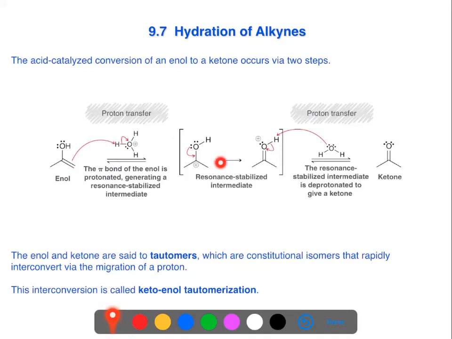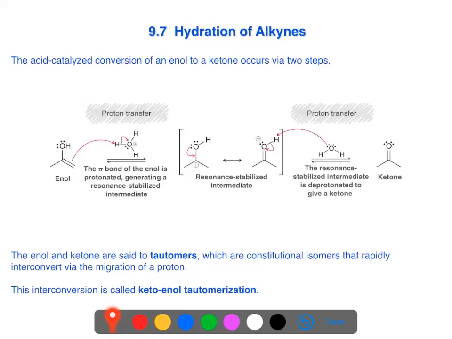forming this carbocation intermediate. This carbocation intermediate, because there's a neighboring atom with lone pairs, we can draw a resonance structure for it, which in this case will form the carbonyl, an oxonium as well. And it's then the proton attached to that oxygen center that's picked up by water in our reaction mixture.